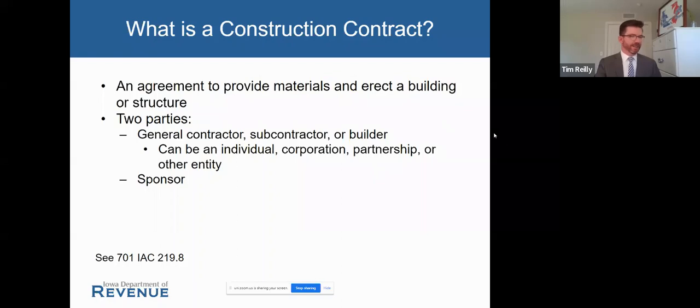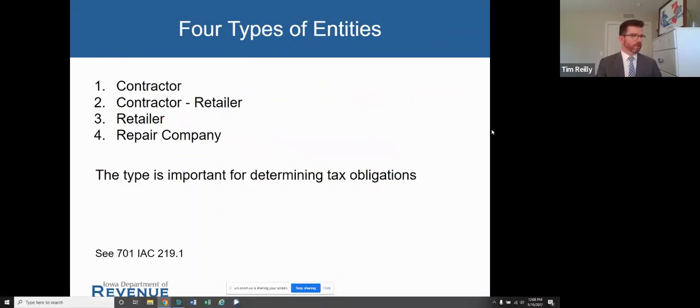All right. So that's all highlighted in the rules there in Rule 219.8. The next thing that is further described in the rules, more so than in the statute, is the types of entities that enter into a construction contract on the contractor side. So we're not talking about the sponsor here, but there are four main entity types, and we'll get into some detail about each of these as we go through the presentation.